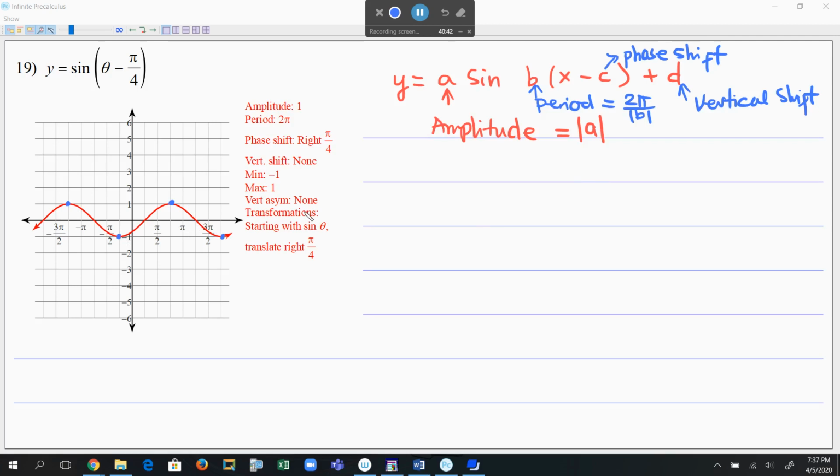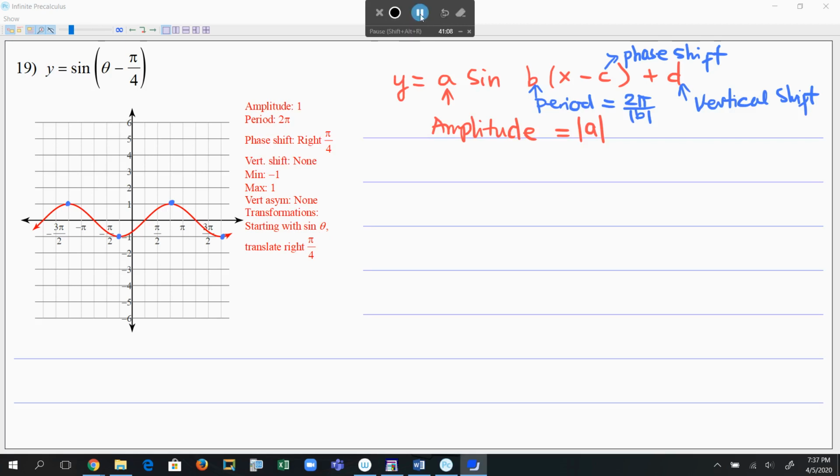And the transformation. We start with our parent function, sine theta, and then we shift, or translate, it to the right by pi over 4. You can see that if I go ahead and get the parent graph.